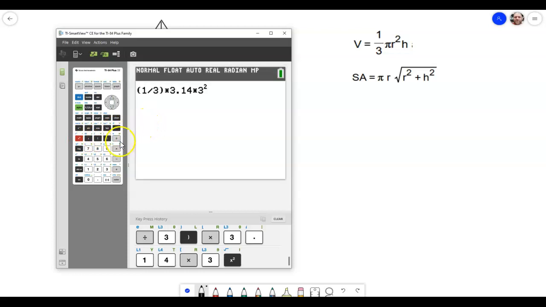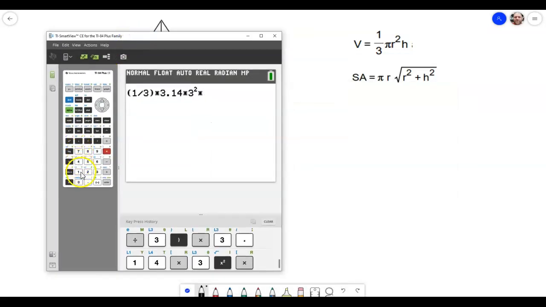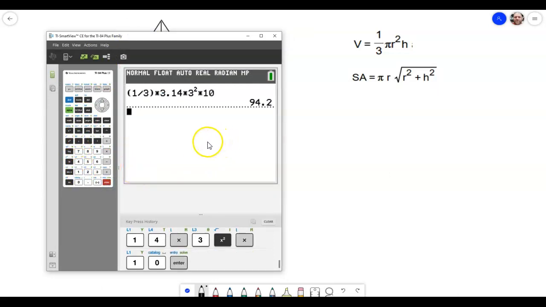And then times the height. Times, and we said our height was 10. And when we put that in, we should get 94.2 exactly. Now, if they asked us to round it to the second decimal place or the nearest hundredth, then we would just put a 0 on the end there. So it would be 94.20.